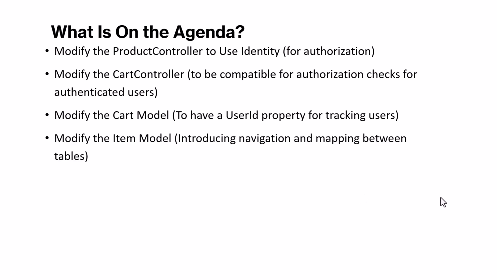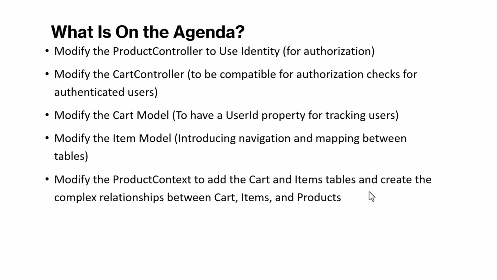And also we need to modify the item model, introducing navigation and mapping between the tables, modify the product context to add the cart and the items tables, and create the complex relationship between cart, items and products, and perform the database migrations.